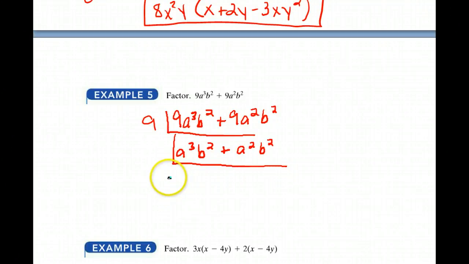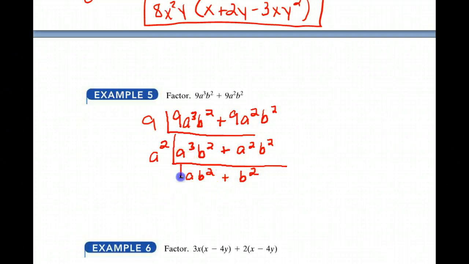That means that we can take out 2 a's. So I'm going to factor out an a squared. A cubed b squared divided by a squared leaves me with a b squared, plus a squared b squared divided by a squared leaves me with just b squared.